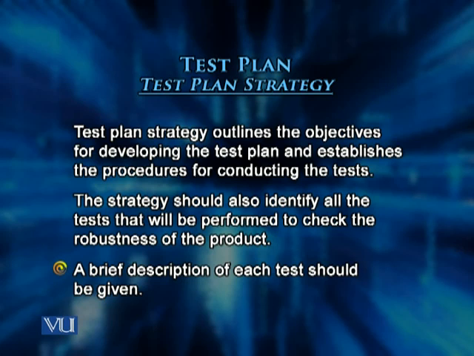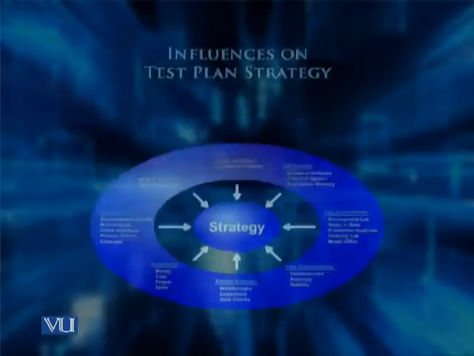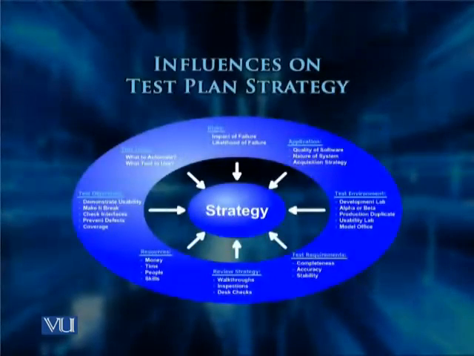Now I'm going to show you a very good picture that describes the influencing factors on test plan strategy. So here you are looking at the influencing factors on test plan strategy. There are 8 of them.